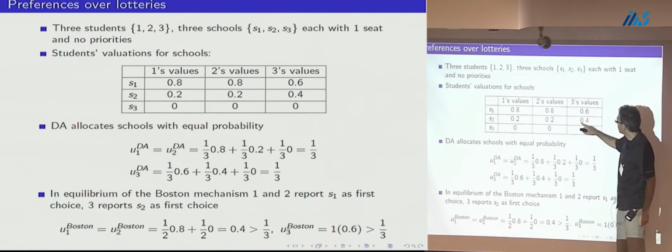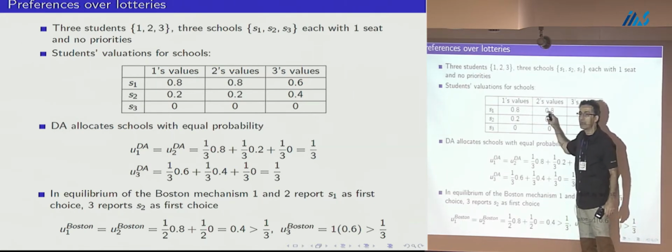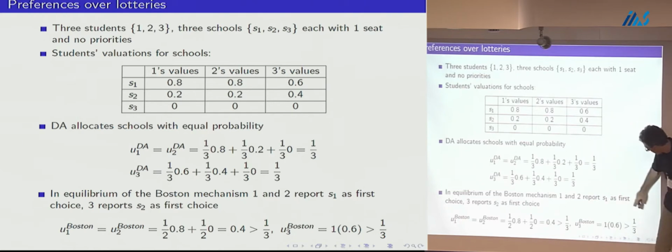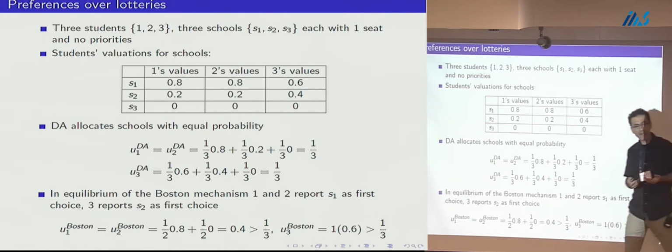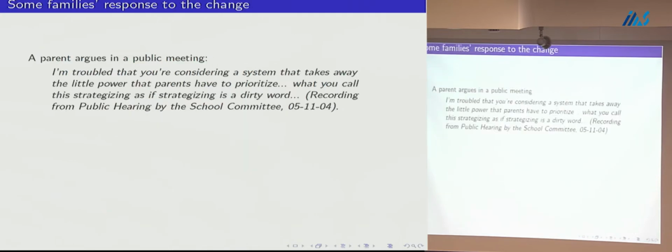Her expected utility is going to be 0.4, and the expected utility of those students is going to be 0.4, which are actually all higher than 1/3. So the Boston mechanism is actually creating higher expected utility for the parents, for the students.